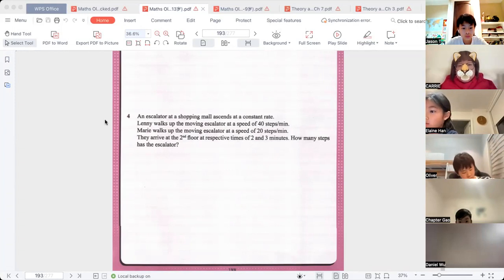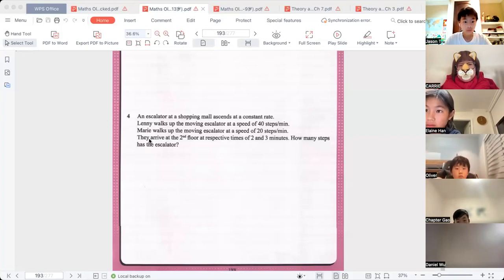Okay, so let's take a look at this one. Okay, so everybody, do you know what an escalator is? 就是这个电动扶梯，对不对？It's not an elevator. So an escalator has steps, right? So they're moving up at a constant rate and moving down at a constant rate as well. So Lenny walks up the moving escalator at a speed of 40 steps per minute.